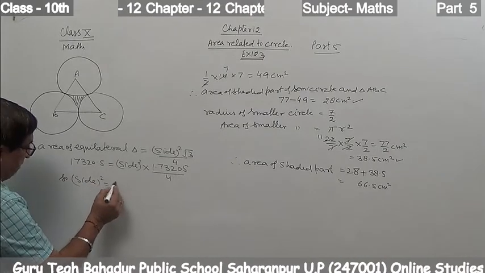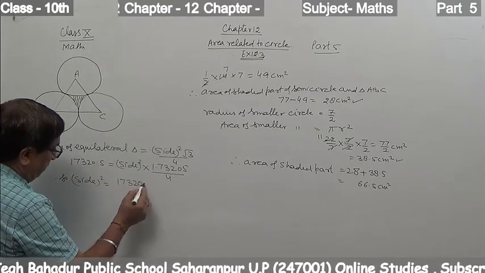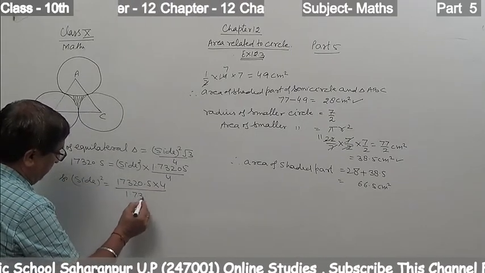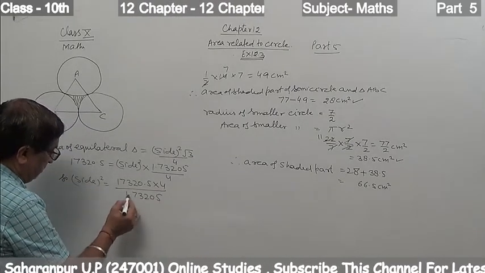So side square is 17320.5 upon 4, 1.73205.